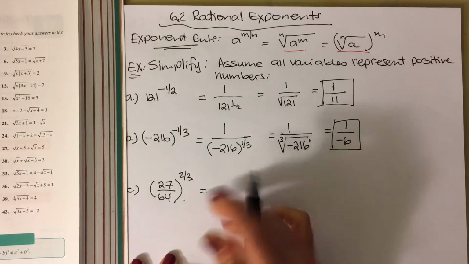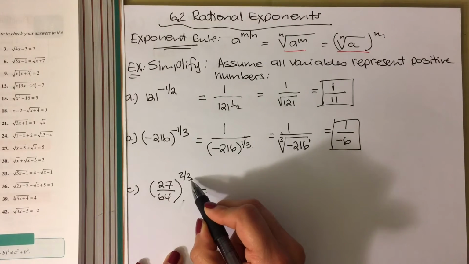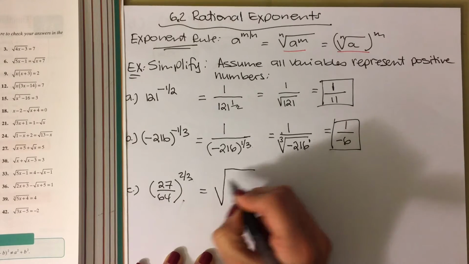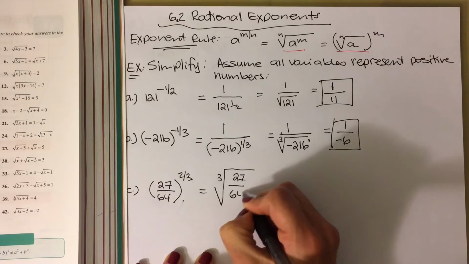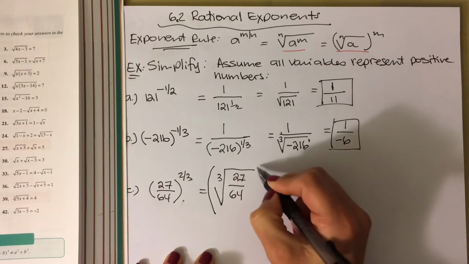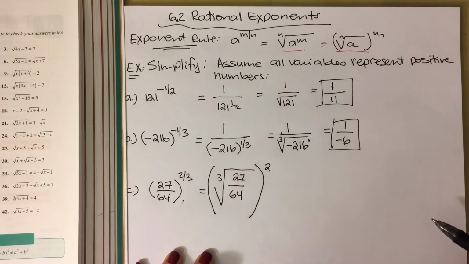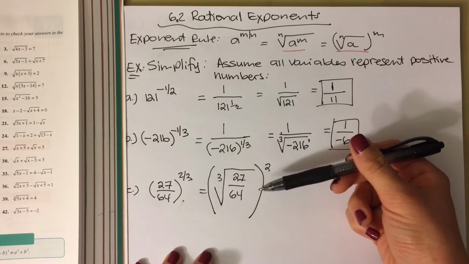But that's okay, we're just going to apply the same rule. So this is a cube root of 27 over 64, and we're going to put the exponent of 2 on the outside because it's easier to square at the end rather than at the beginning.